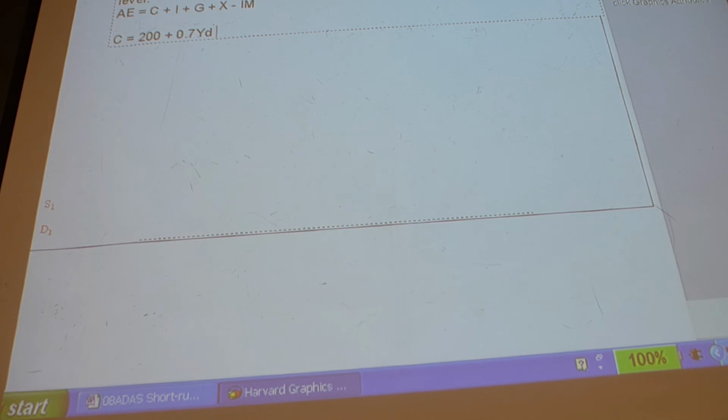One way of deriving this is this. It relates to shifts in consumption. Why does consumption shift? Consumption shifts because of wealth, right?